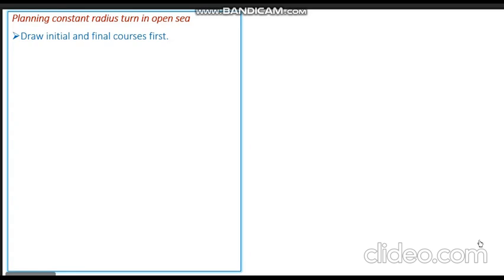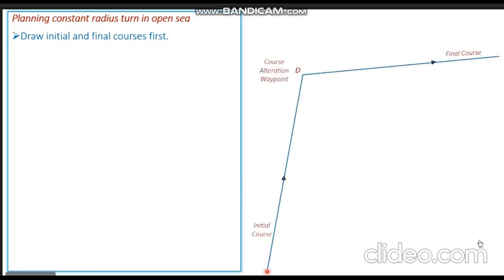So in this case, we will have to draw the initial and final courses first. So without bothering about the center or the curved path, we first draw our initial and final courses. So let's plot our initial and final courses in the diagram. You can see the initial course, the alteration point at delta, and the final course coming up in the diagram.